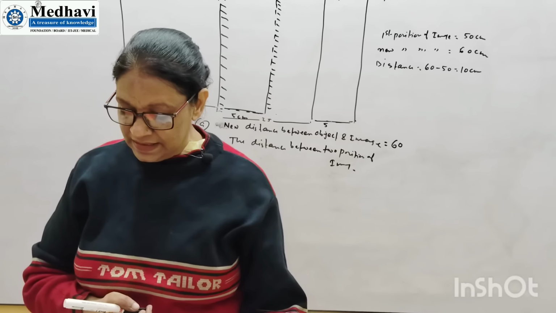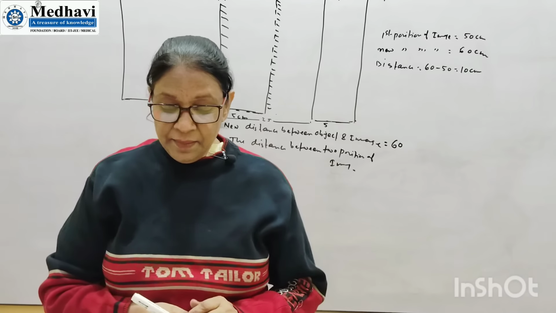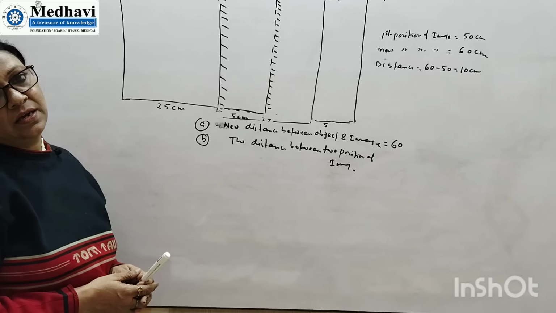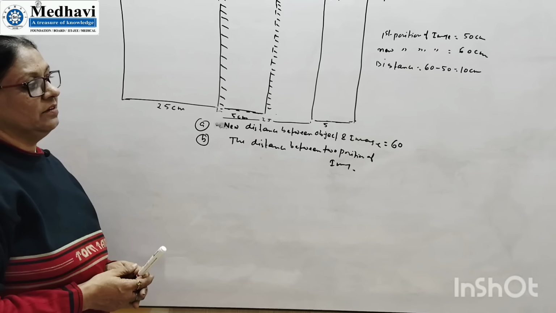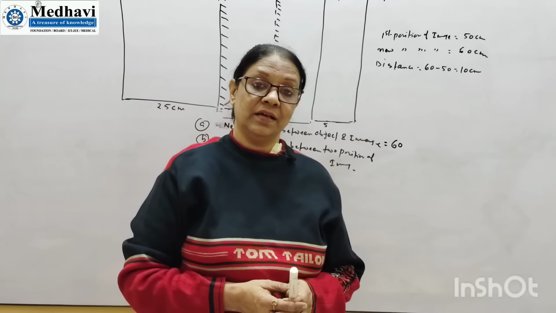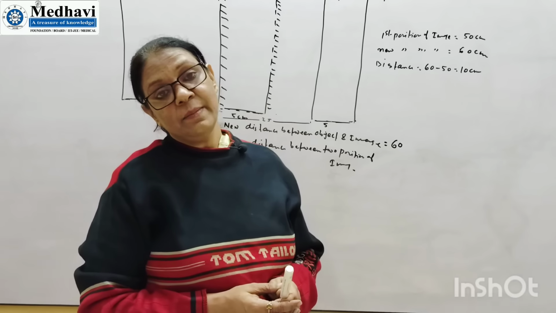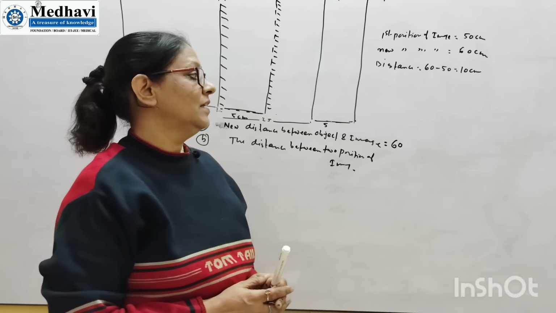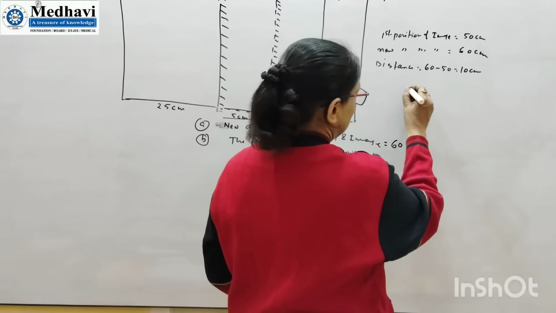Its second type is images formed by a pair of mirrors. A very, very important information. If we take two inclined mirrors, then how many images are produced? What is the formula for that? This is very, very important.